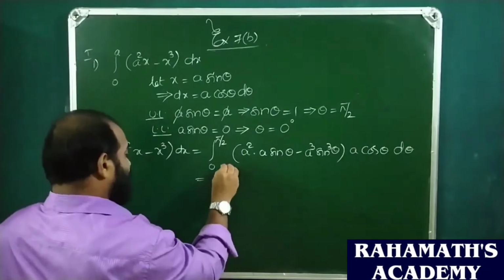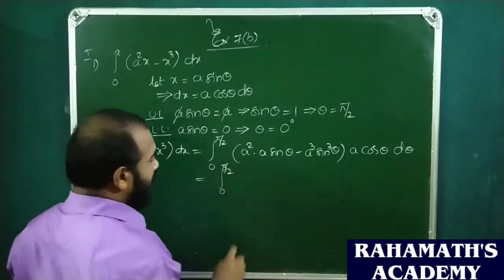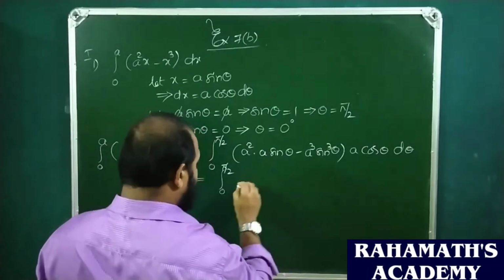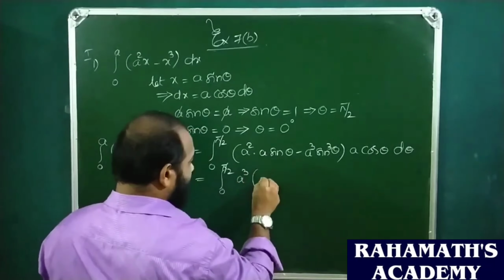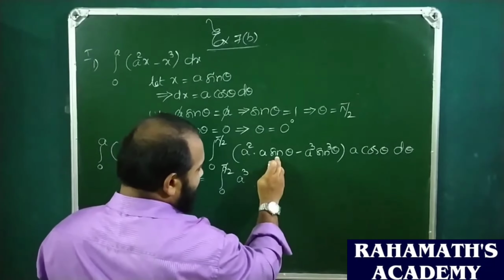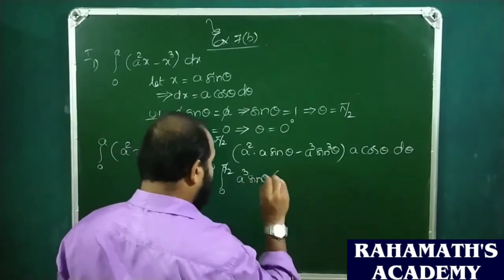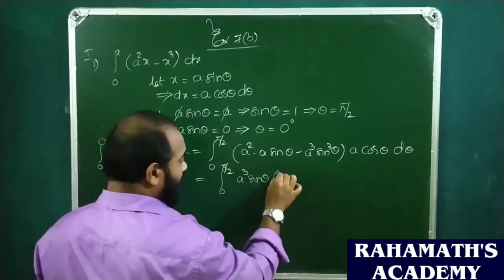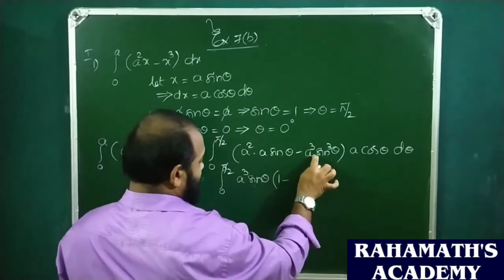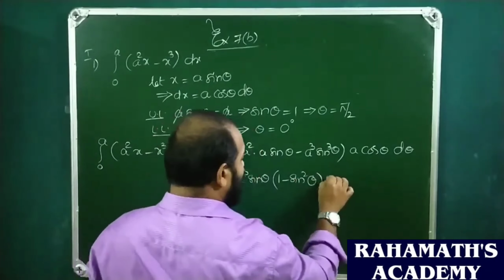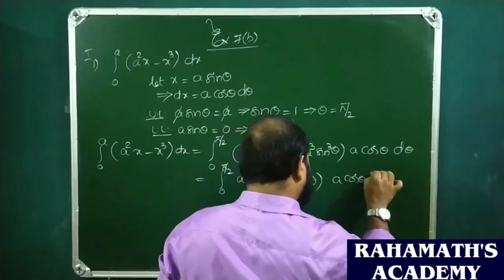This is equal to integral 0 to pi by 2, a square into a cube. So here also a cube is there. Take a cube as common. Then sin theta here is there and here also. So take sin theta also as a common factor. Then we are left with 1 minus sin square theta into a cos theta d theta.